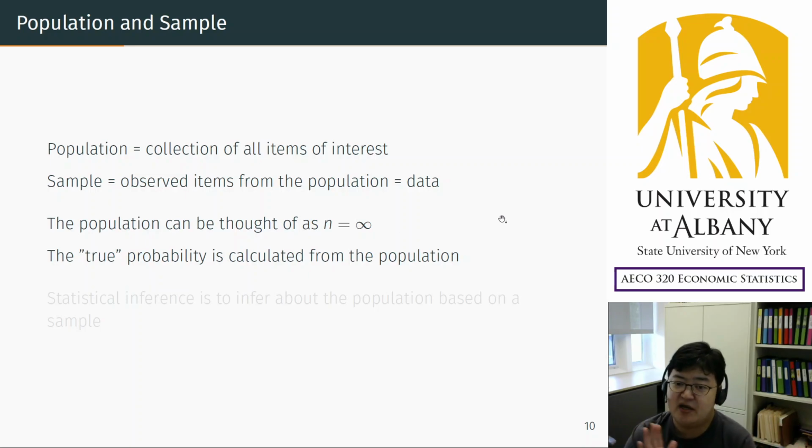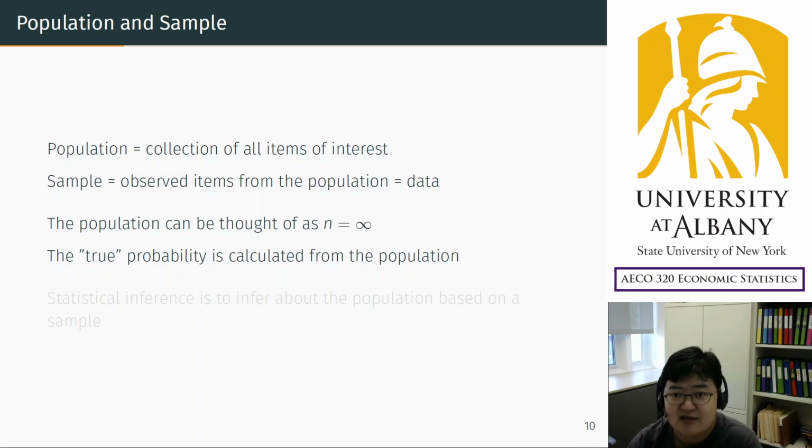So simply speaking, you can understand the population is the set of observations when the sample size is infinity. Of course, it is not possible in practice, but we can think of this. We will think of this because, as I said, this is what we want to know.